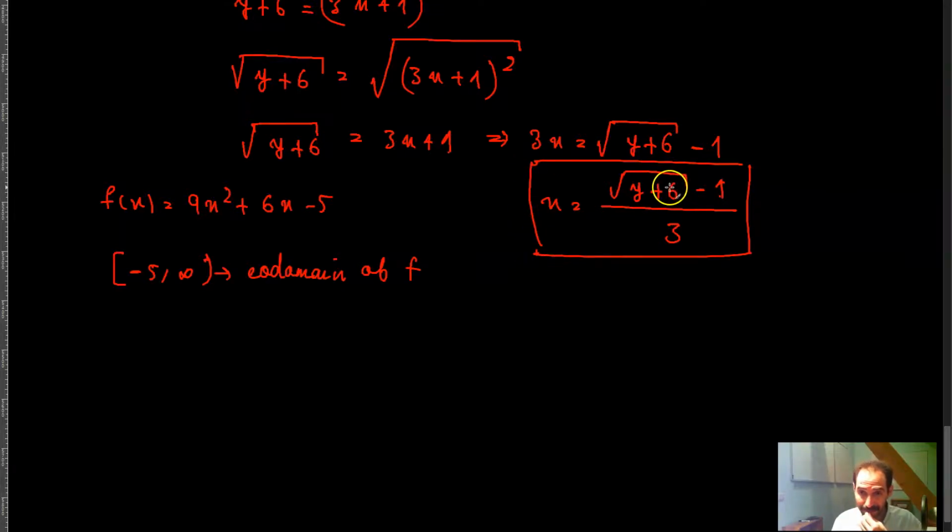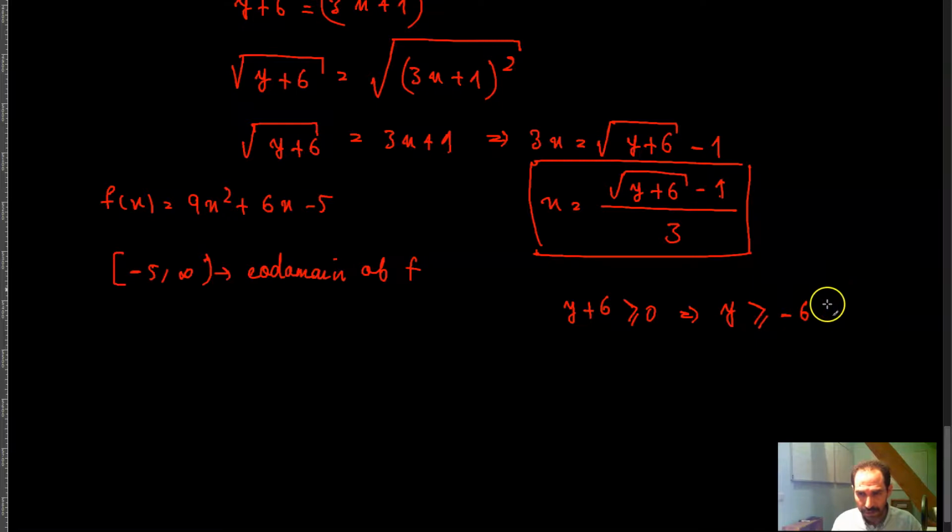Now the condition that we have here on y is that, of course, since y plus 6 is the argument of a square root function, then y plus 6 has to be greater than or equal to 0, meaning that y has to be greater than or equal to negative 6.